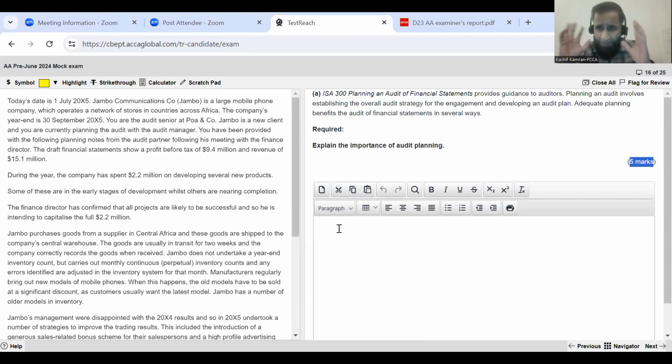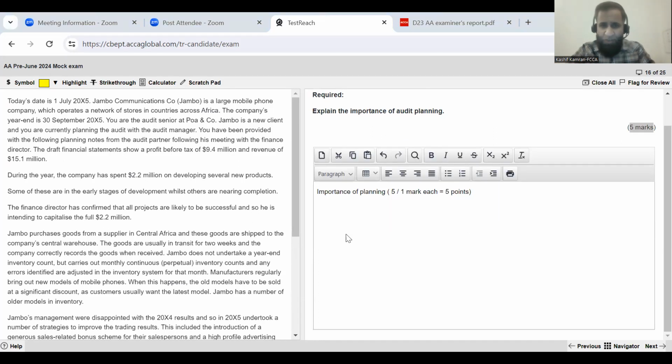So I can just plan before I write. I'll say, okay, importance of planning, bracket 5 divided by 1 mark each. So I need to write a total of 5 points explaining the importance. Every importance you write will be worth 1 mark. So in total, you should have 5 importance of audit planning. What benefits you will get of audit planning?